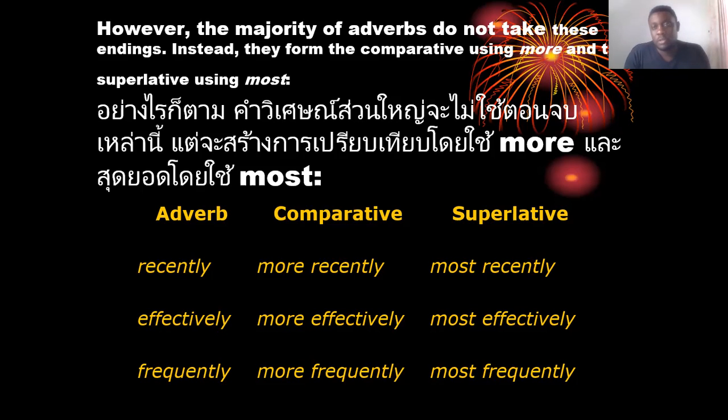For example, recently: more recently and most recently. Effectively, more effectively and most effectively. Frequently, more frequently and most frequently. Same for adjectives, like expensive: more expensive and most expensive.